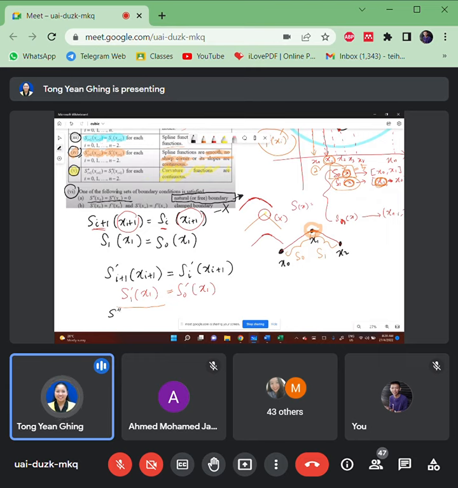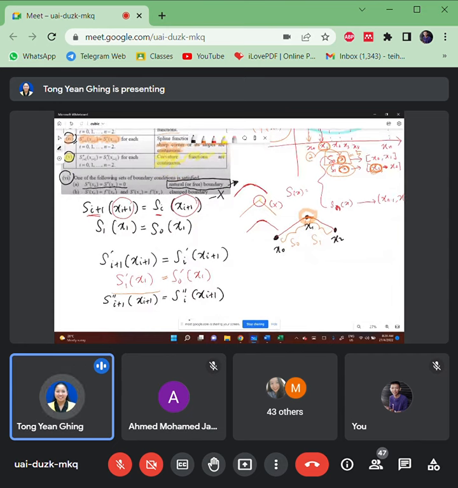When we refer to this, it says that the second derivative of S i plus 1 at x i plus 1 has to be equal to the second derivative of S i at x i plus 1. So when we do S0, the first derivative at x0 equal to the first derivative of S1, that means there is no sharp corner.